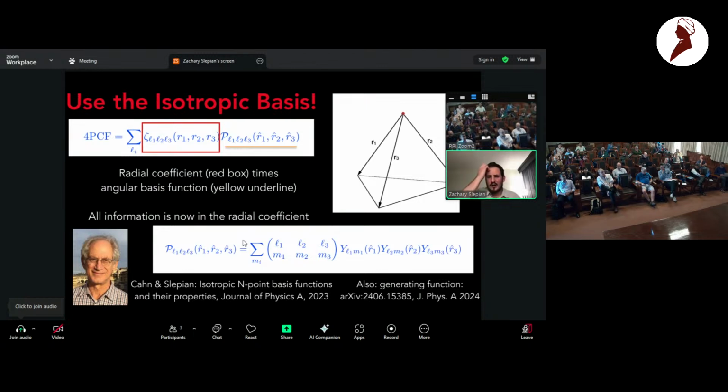So what are these R1 hat, R2 hat, and R3 hat? Well, at the upper right of the slide, I'm showing you a diagram of a tetrahedron. We sit at one galaxy shown by a red point, and we look along 3 sides, R1, R2, and R3, and then the unit vectors of those sides are the arguments of the spherical harmonics. So you're basically breaking the symmetry of the tetrahedron, and you're choosing one special point, you're sitting on that, and then you're expanding the angular dependence around that point in these angular basis functions.